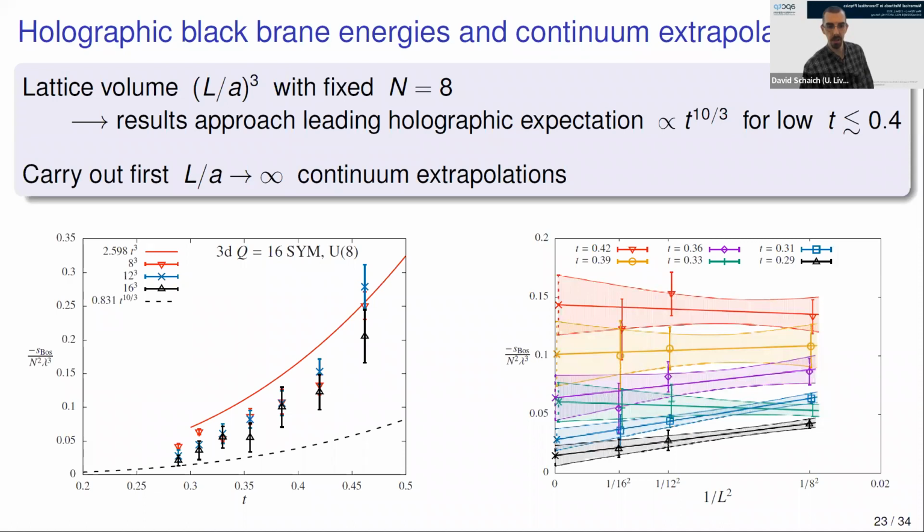So at high temperatures, shown by the red line in this plot, the energy is known to scale as the cube of the dimensionless temperature, which we are approaching for T above around 0.4. And for lower temperatures, we deviate from that red curve and approach instead the low temperature holographic prediction at leading order, proportional to T to the power 10/3, about 3.3.